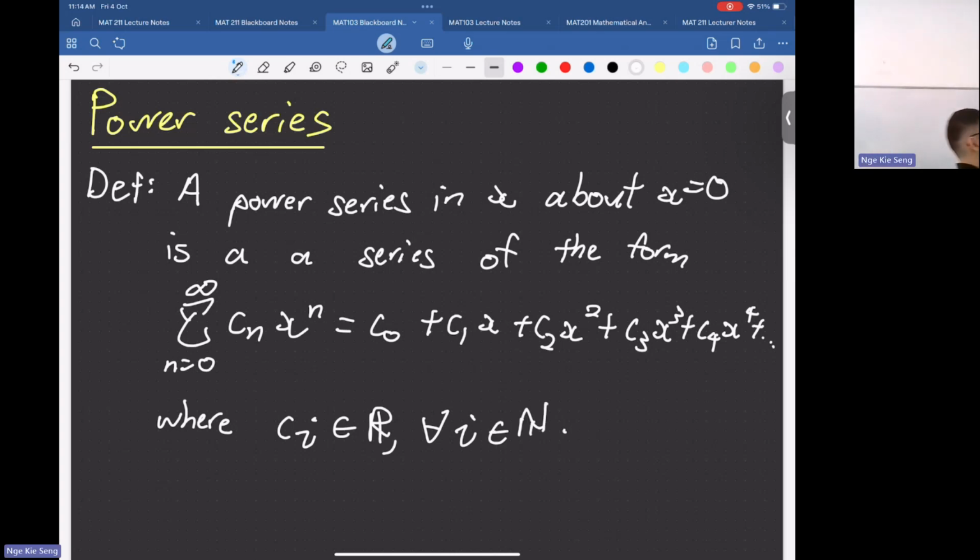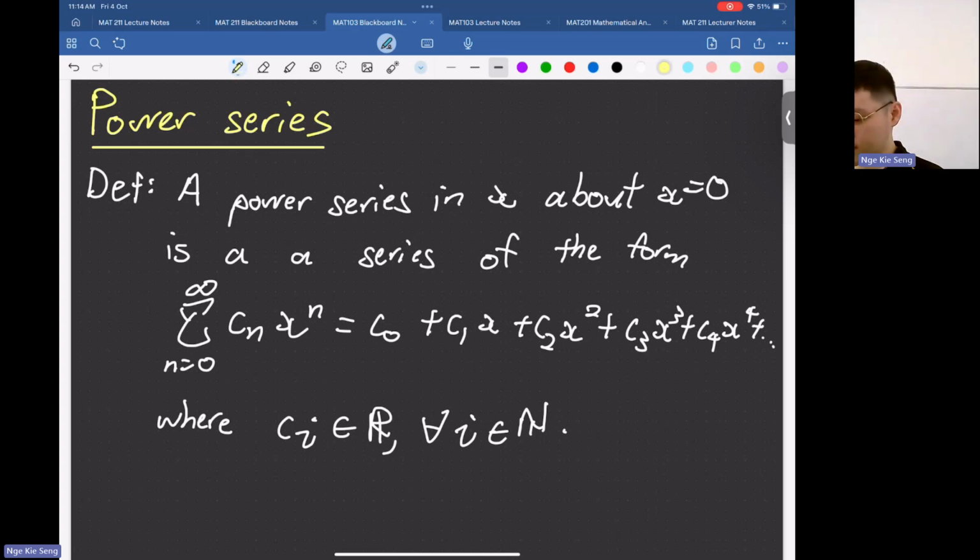Meaning we consider powers of x and we add them up. Not just that, we can alter the coefficients. It's like you are adding these monomials together. What happens in this series?